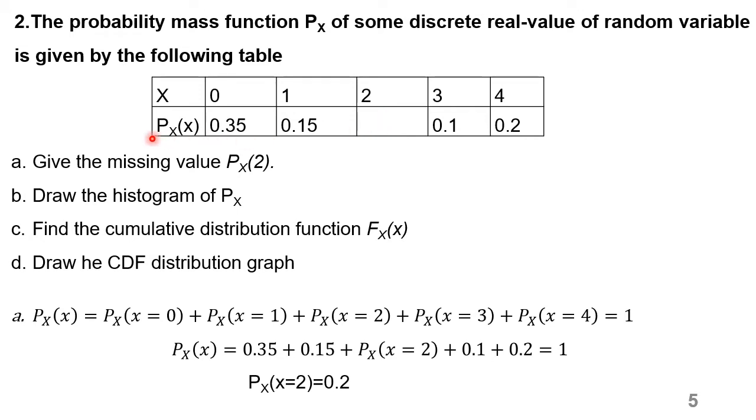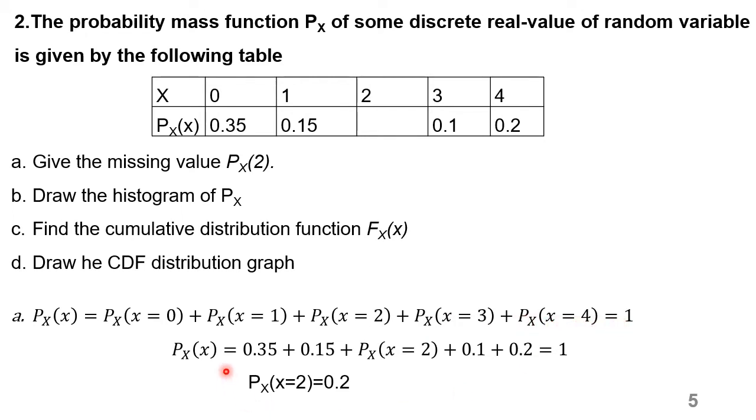We know that the sum of all these probabilities should be equal to 1. So therefore, we have Px of x equal to 0 plus Px of x equal to 1 plus Px of x equal to 2 plus Px of x equal to 3 plus Px of x equal to 4 should be equal to 1.